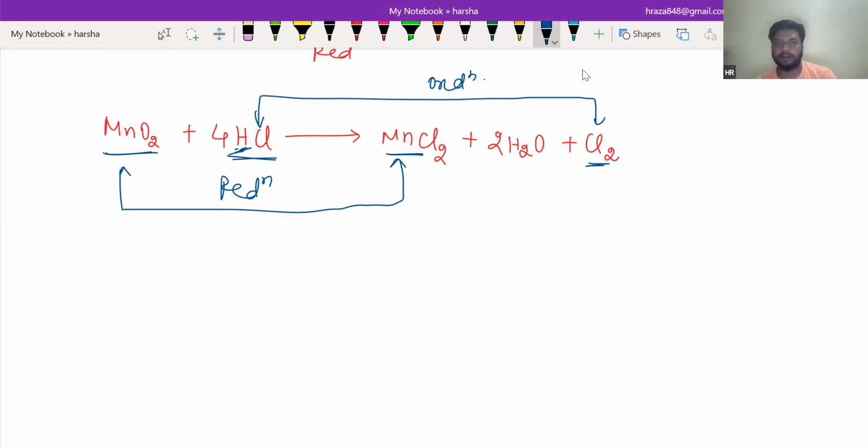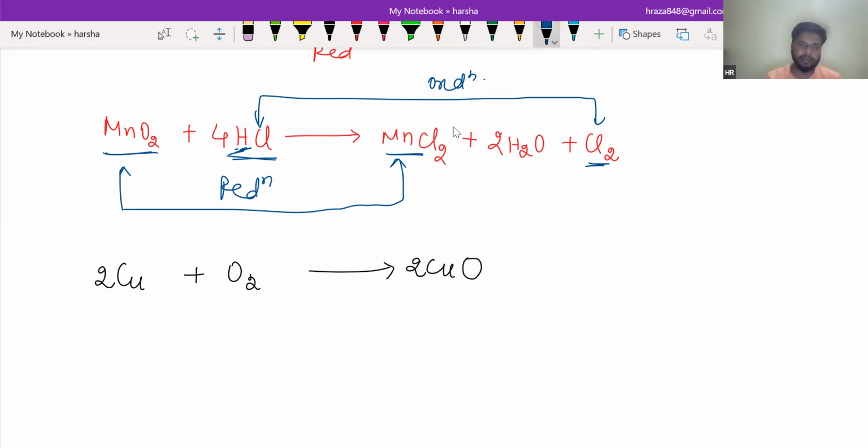Now, one important question is going to arise. That is Cu plus O2 will give 2CuO. Let me know which one is oxidation and which one has reduction. So basically, listen to me very carefully.